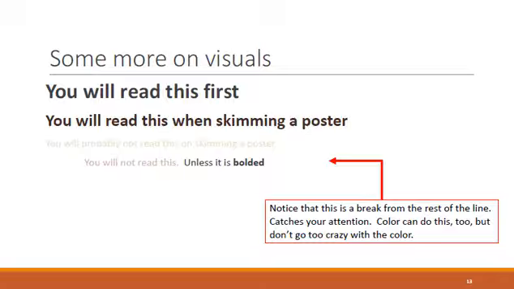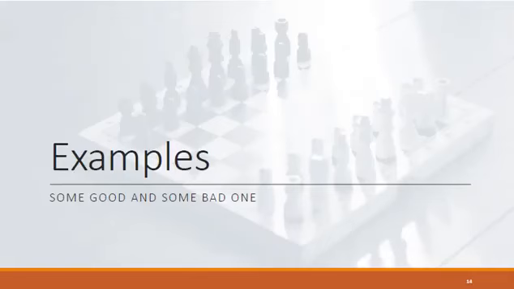You're going to be explaining and discussing in your presentation, in your screencast, and you're going to be writing about this in your paper. So again, try to focus on using as minimal an amount of words as possible while still getting your message across. So, examples of some good ones and some bad ones.